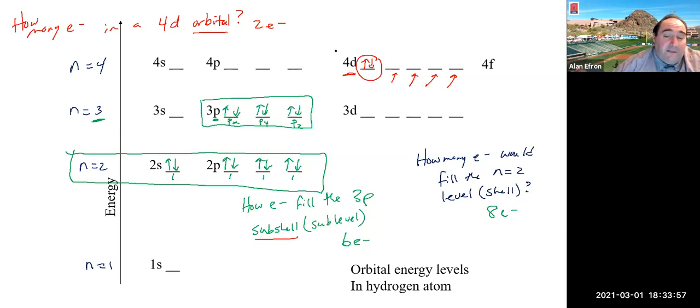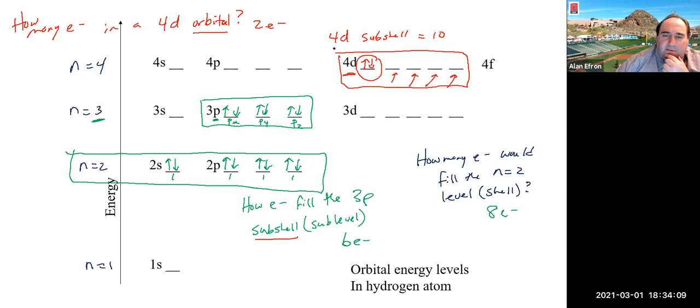If I said how many in the 4d subshell or sublevel, that would be 10, because then we're talking about everybody that is present. That's sometimes a trick question that's asked, especially in lab. So again, any orbital, no matter what energy level, if we're talking about just one individual orbital by itself, can only hold a maximum of 2 electrons. Any questions on that?